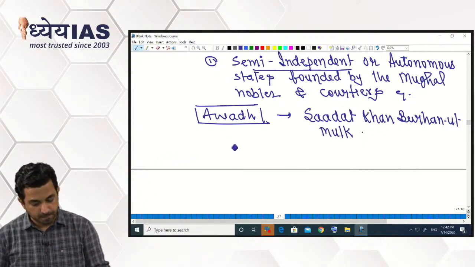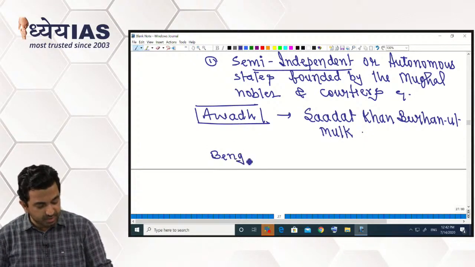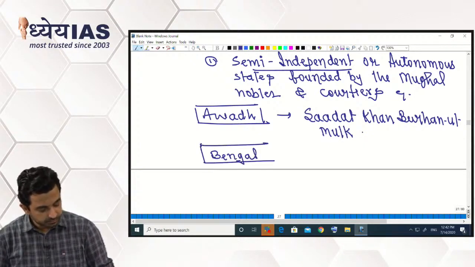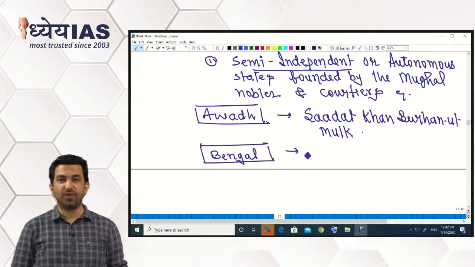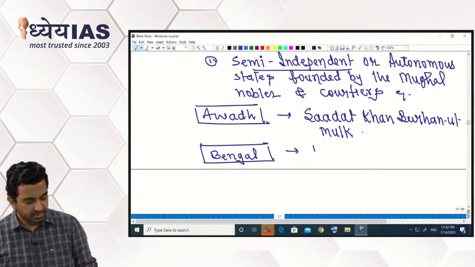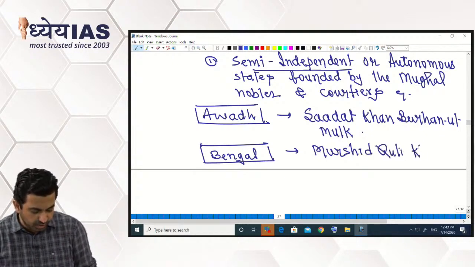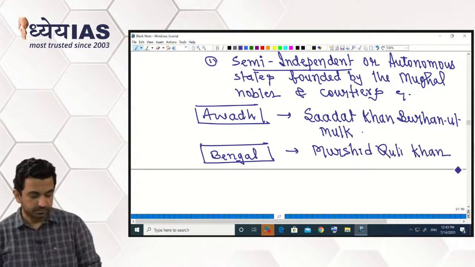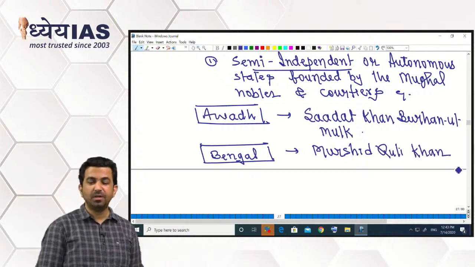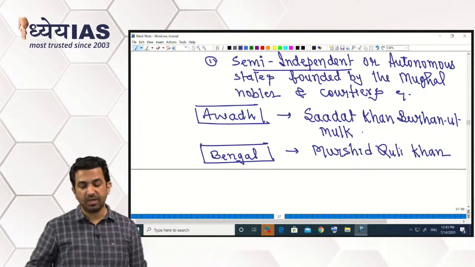And another semi-independent state of Bengal. Bengal was founded by Murshid Quli Khan, another Mughal noble or courtier, Murshid Quli Khan.